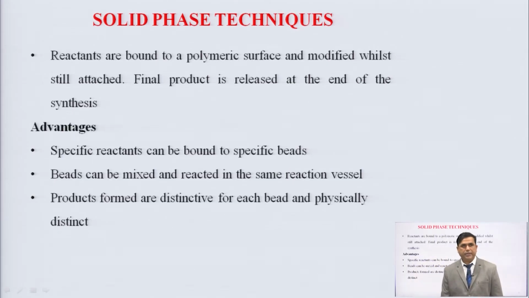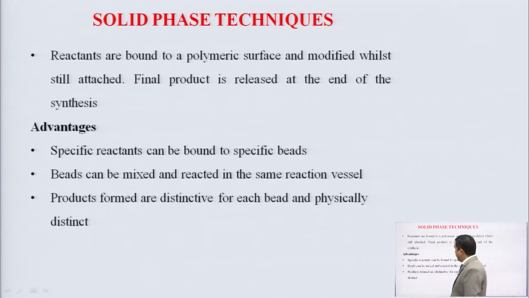Now, in solid phase synthesis, what is happening? As we know, in the synthesis of compounds we require reactants. The reactant first binds with the polymeric surface and is modified while still attached. The final product is released at the end of the synthesis.